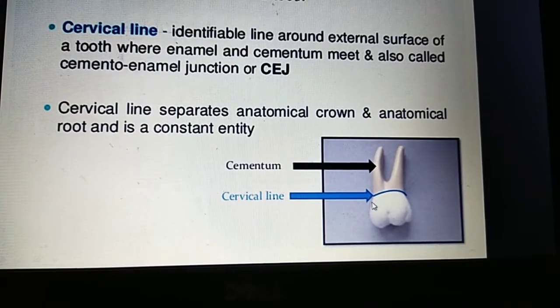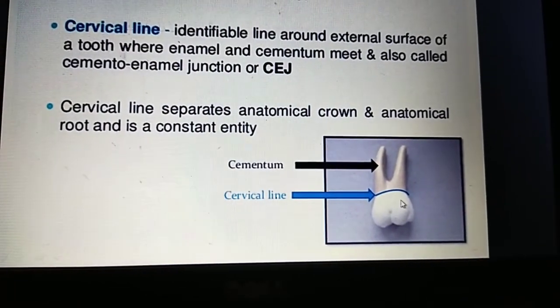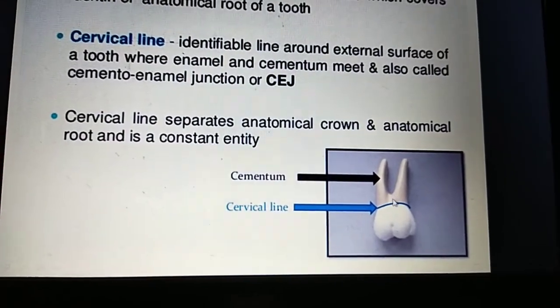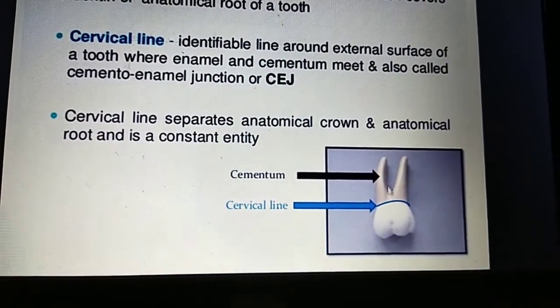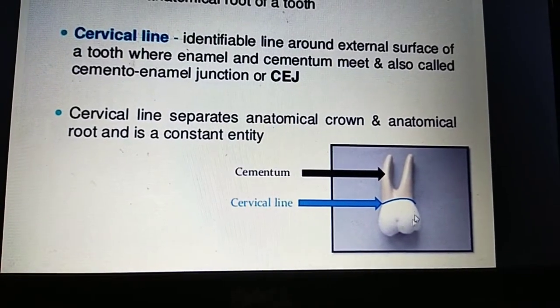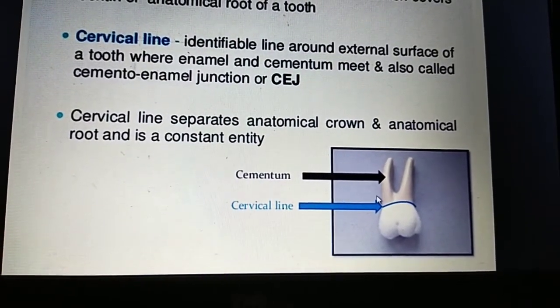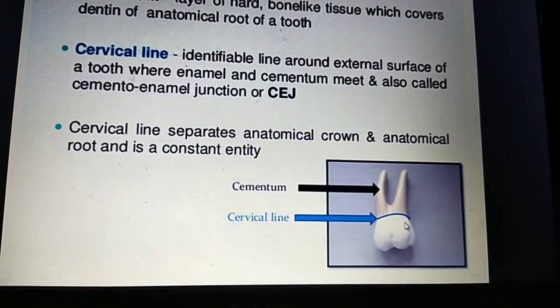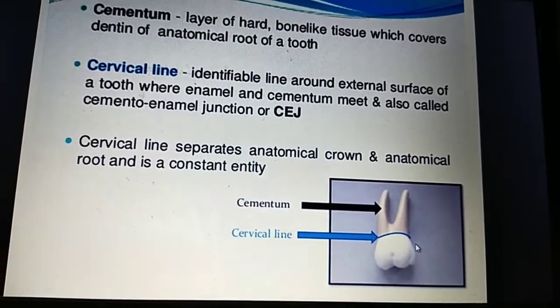This junction line is seen as the cervical line, and it separates the anatomical crown and anatomical root and is a constant entity.